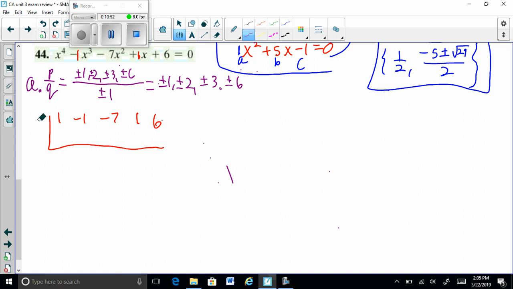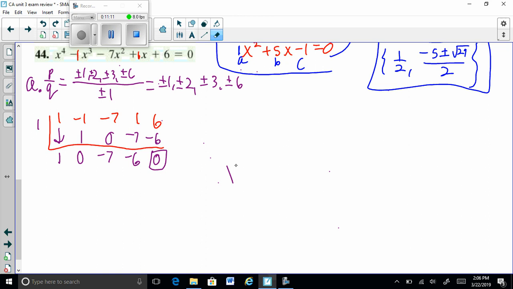All right, so we'll start with 1. And it looks like we hit a bingo. Looks like we got a remainder of 0, so very good.